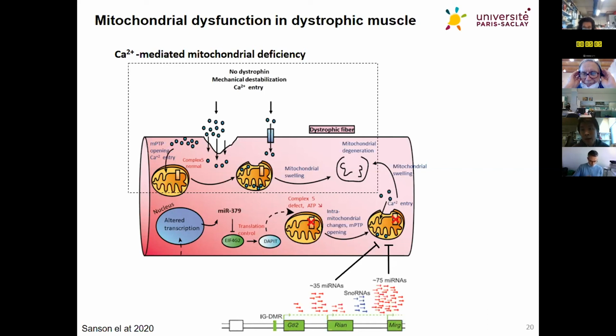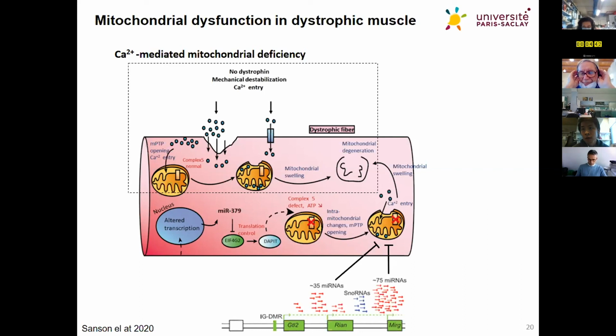So we see higher level in the serum of the MIR1 or MIR206. But in this case, yes, your MIRs are also overexpressed, or not? Yes, our miRNA is overexpressed in both serum and in the muscle.